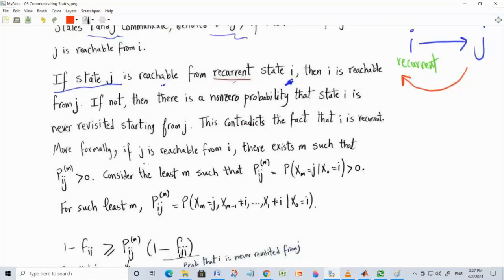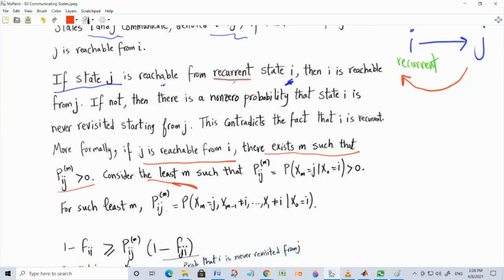More formally, if j is reachable from i, there exists m such that Pij of m is greater than 0. Let's talk about the least such m.